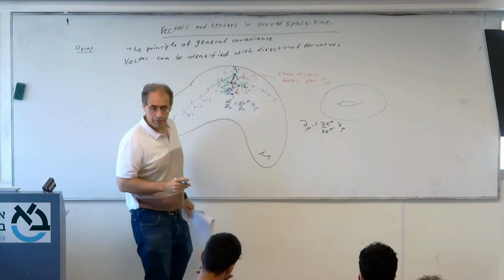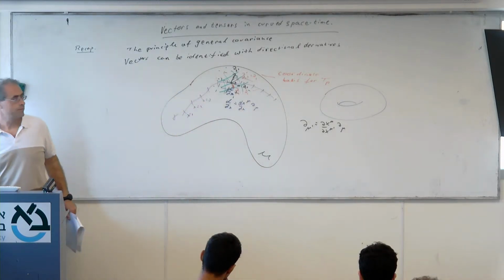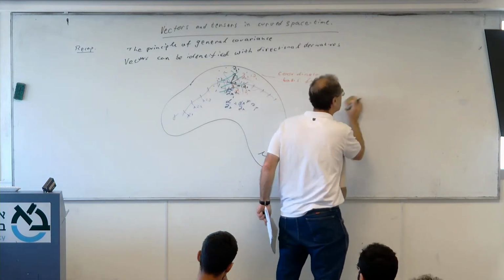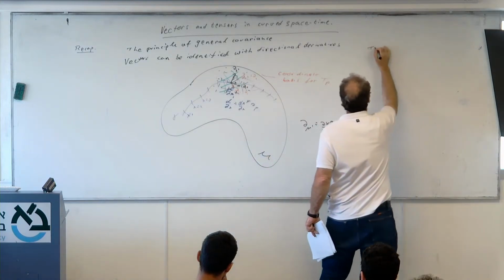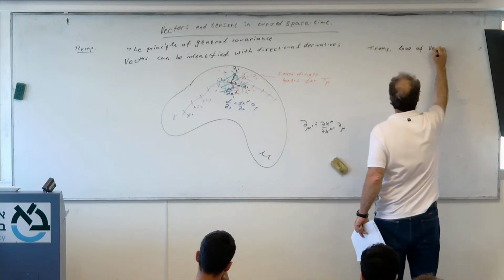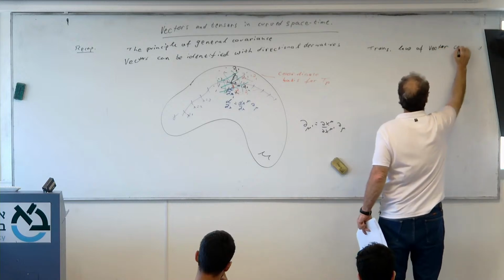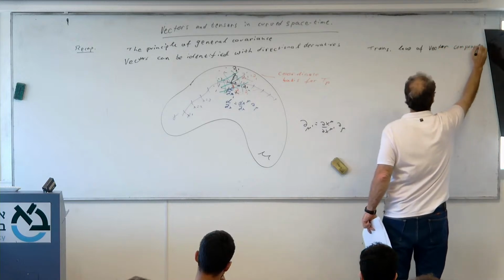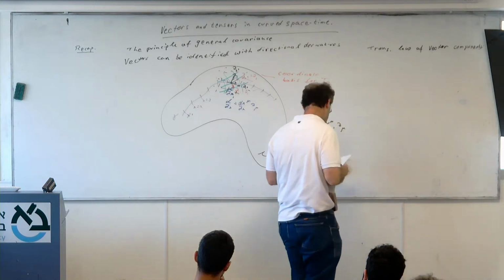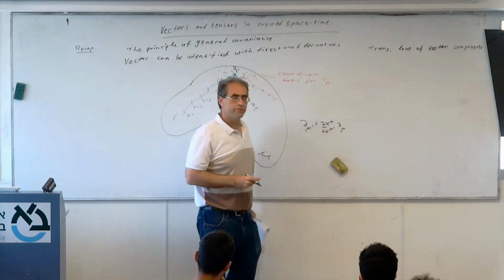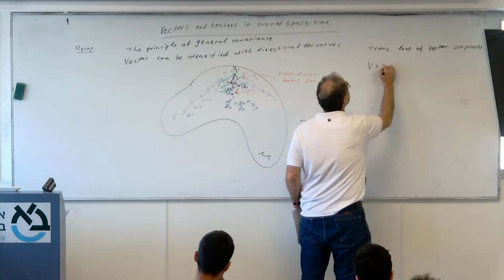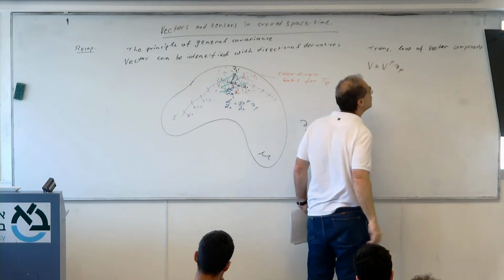And the transformation law of the vector components. It's exactly what we did for the flat space. You can just write any vector v. It's v mu d mu.